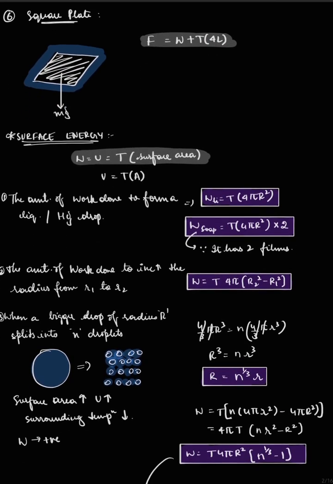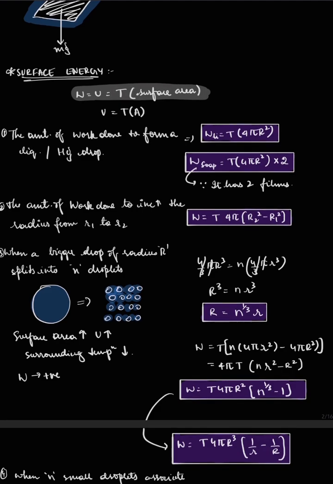Next, what is surface energy? Surface energy, W is equal to T into surface area. The amount of work done to form a liquid or mercury drop is W for liquid and W for soap bubble. So guys, for a soap bubble you have to multiply all the formulas with 2, because there are two films in a soap bubble, unlike a water drop or a mercury drop.